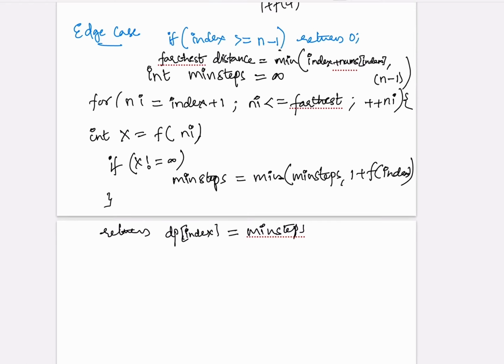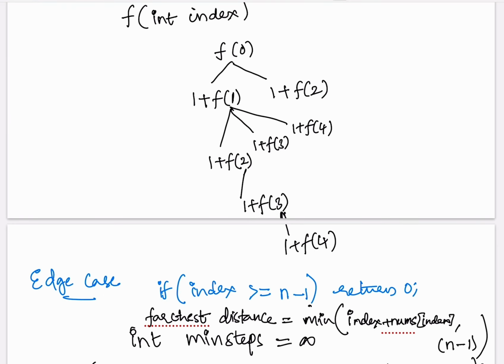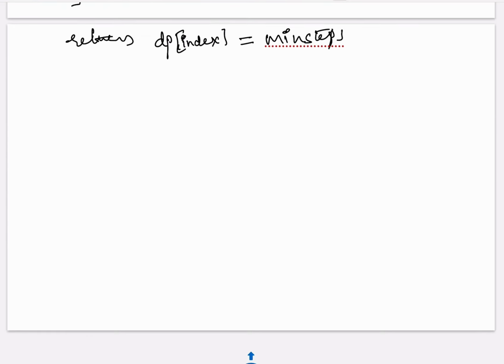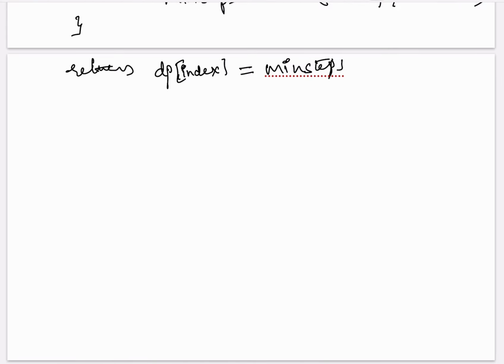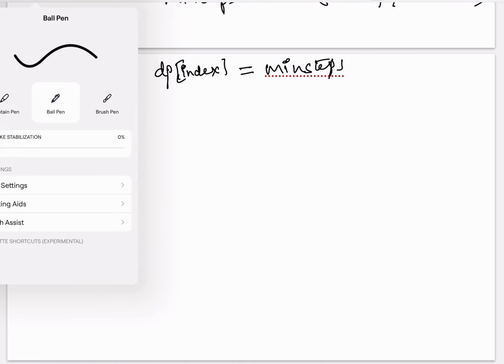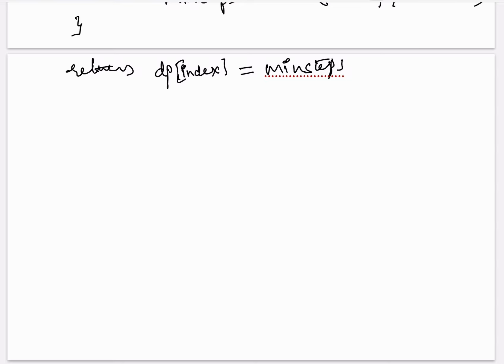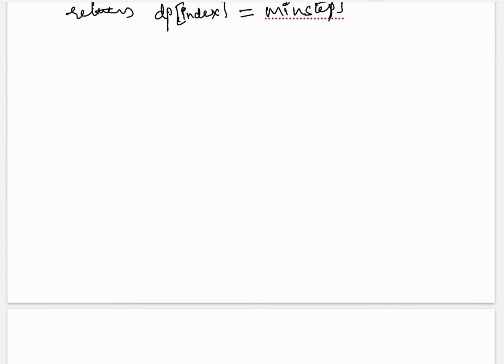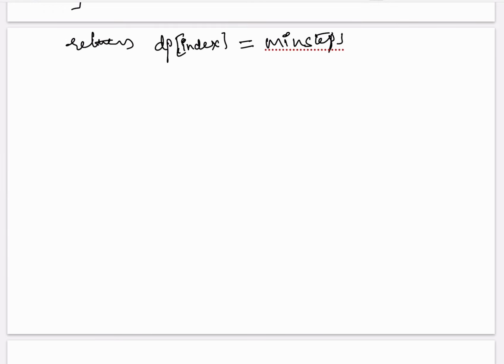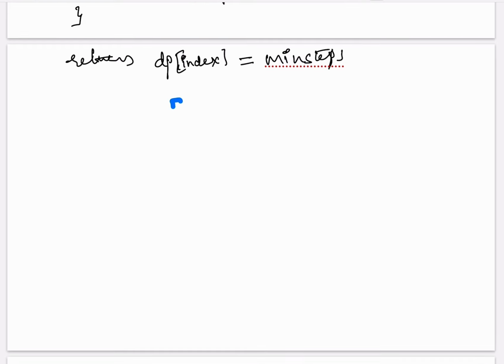This is how the code works, and we see a dry run of it. We do a dry run. So we have 2 3 1 1 4.